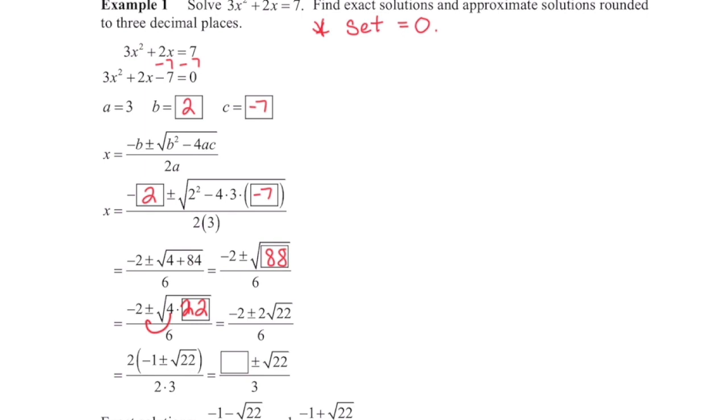I notice that 2 and 2 are both divisible by 2, so I can factor out or divide them by 2. And in my denominator, I have 6. I can take 6 and split that into 2 times 3 again, and I have a common factor in my numerator and in my denominator, which reduces to negative 1 plus or minus the square root of 22 over 3.